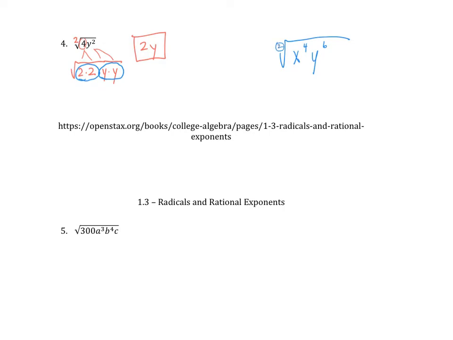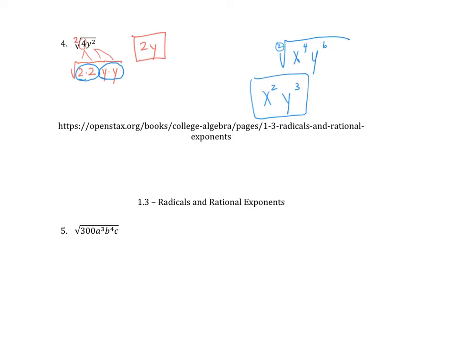So if the exponent is evenly divisible by the root or the index, then it can come out. So 4 is divisible by 2, that's x squared. 6 is evenly divisible by 2, that's 3. 6 divided by 2 is 3. So x squared y cubed comes out of the radical. So if it's evenly divisible, it just comes all the way out and there's nothing left over.